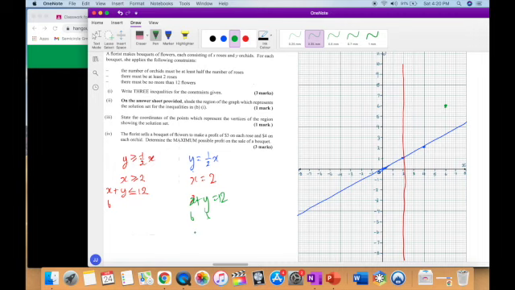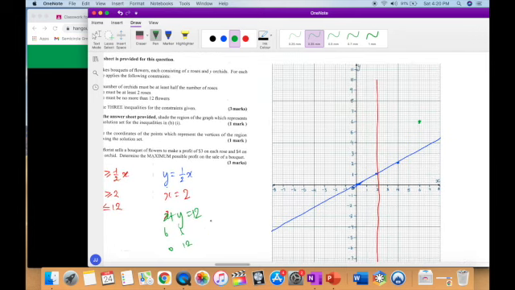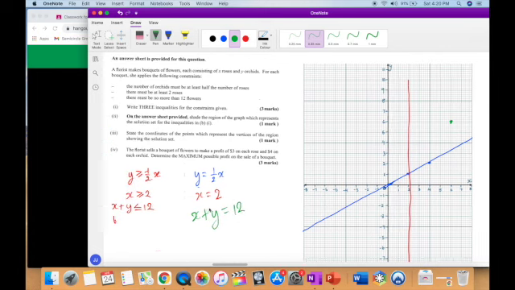And 0, 12, 0 on the x, 12 on the y. I don't have that, right? So, wait, am I doing something wrong? Because shouldn't this, did you guys get a negative for this, right? X plus Y, just now, X plus Y equals 12. That is the line that I drew in there.